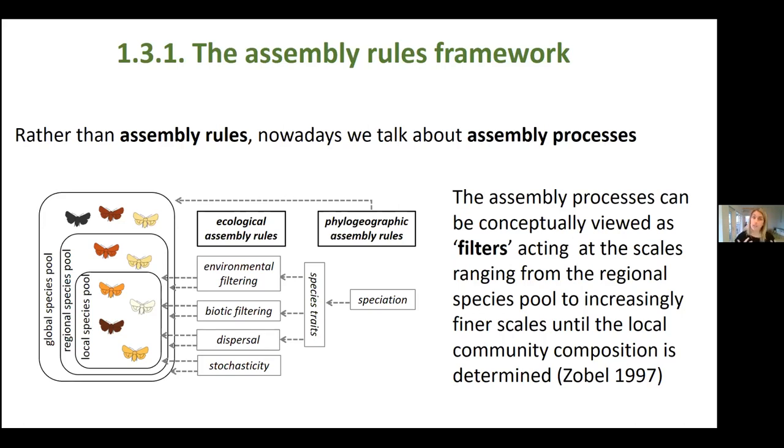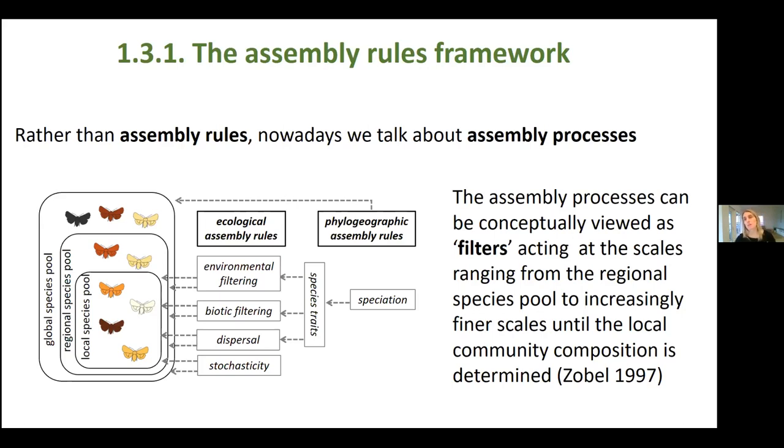Also, at this point, let me make the point that rather than assembly rules, nowadays we use more the term, or we talk more about, assembly processes. This is because if we use the term assembly rules, the problem is that rules is a very strict term, and we know that in ecology there are very few rules.